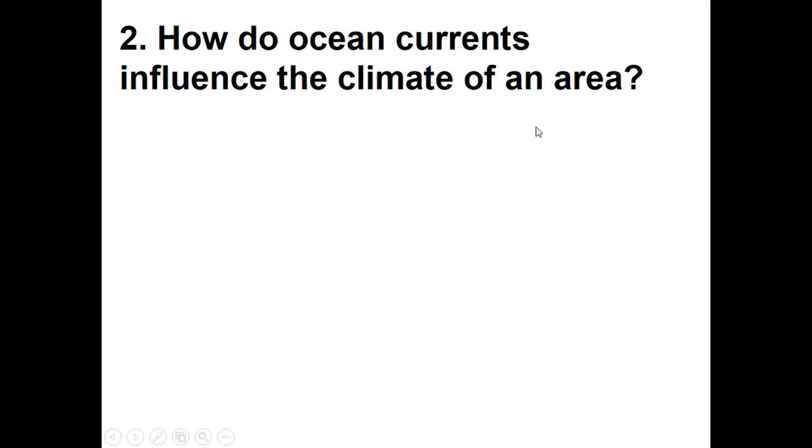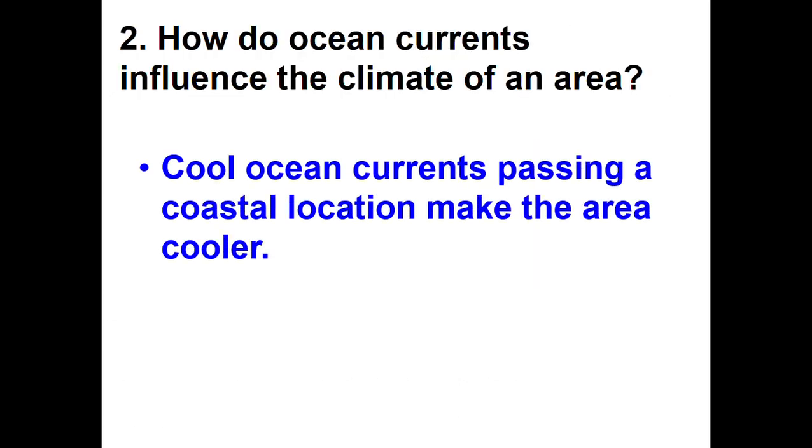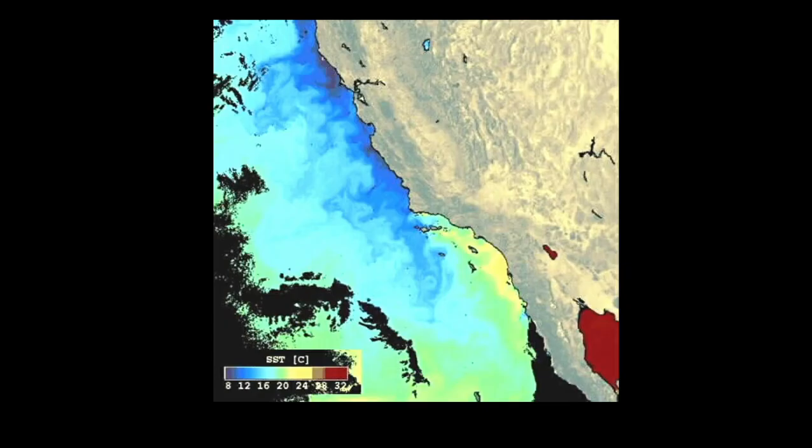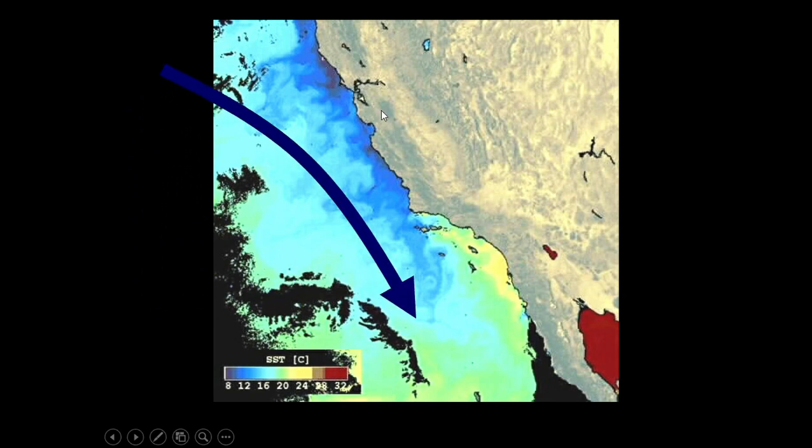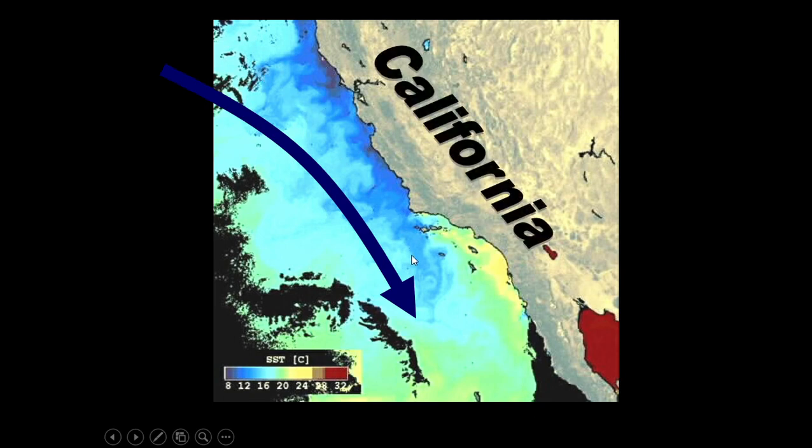Now, a cool current does exactly the opposite. Cool currents pass by a coastal location and make the area cooler because they're carrying colder water. Now this is actually the west coast of the United States. This is a current that comes down the west coast and brings cold water down the coast of California, and not surprisingly it is referred to as the California current.